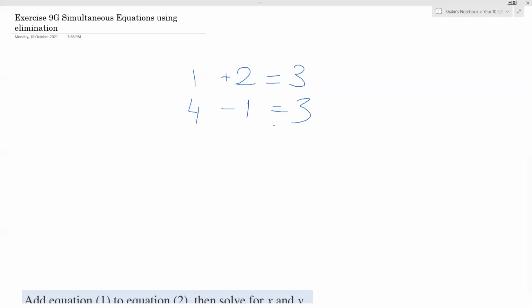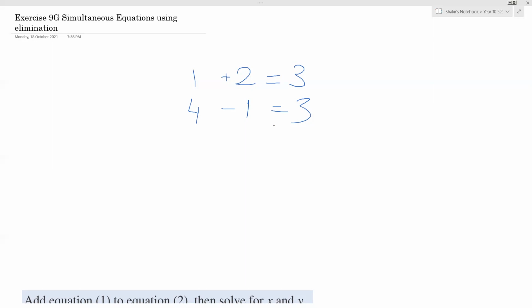The idea is, when you have two statements which are true, you can add them or subtract them, and you will get a third statement which is also true. So I know 1 plus 2 equals 3, and I know 4 minus 1 equals 3. We have two true statements. There's nothing wrong with them.